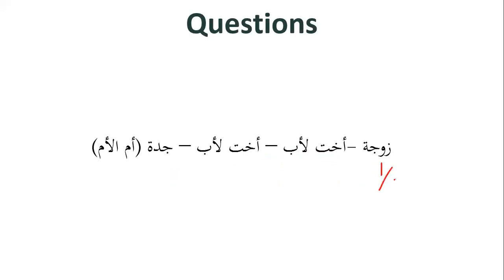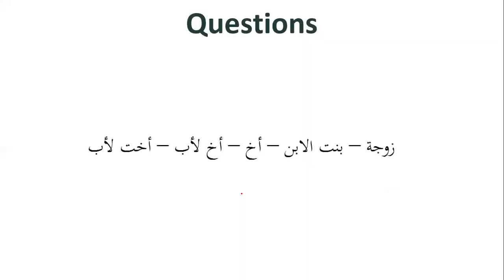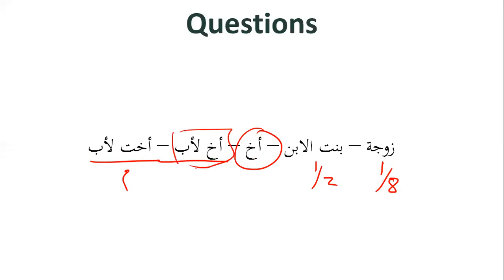Over here zawja would receive a quarter, أخت لأب together would receive 2/3, and jadda 1/6. Zawja over here 1/8, bint al-ibn a half, أخ لأب أخت لأب. So because the full akh is present, the أخت لأب would become mahjub. This is in fact all of both of them together, although we haven't covered the akh لأب technically yet.